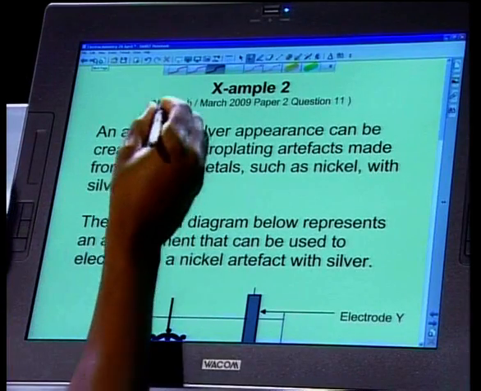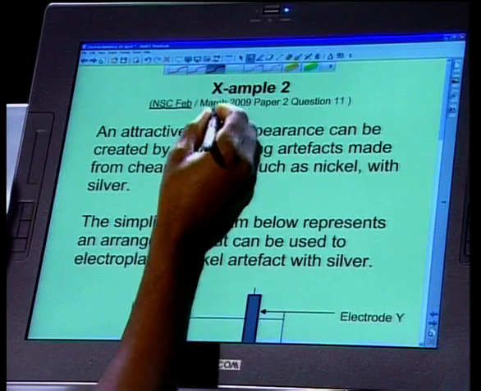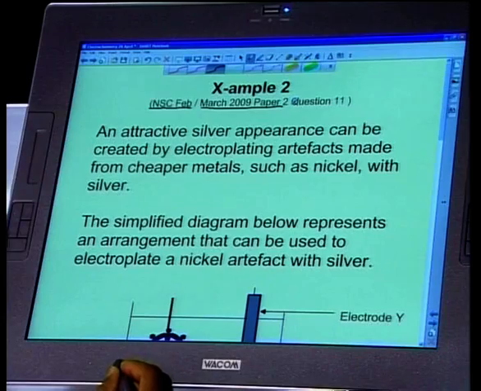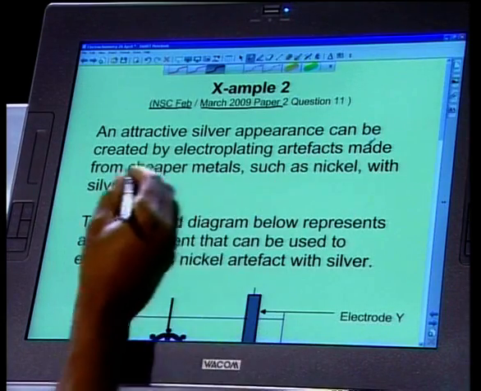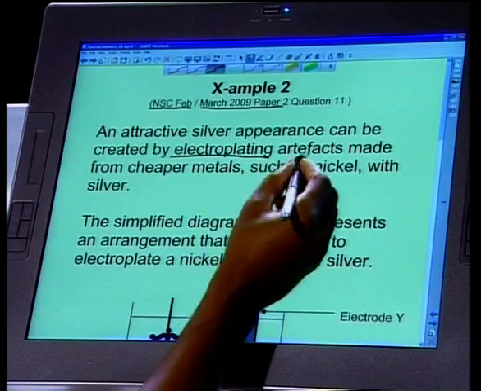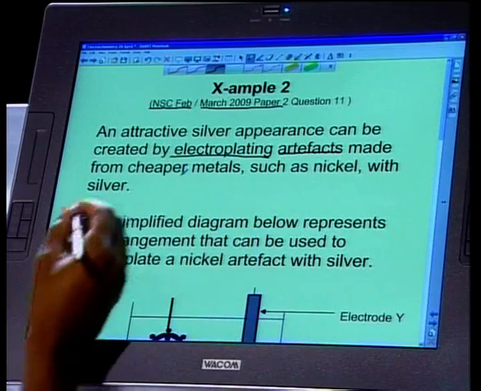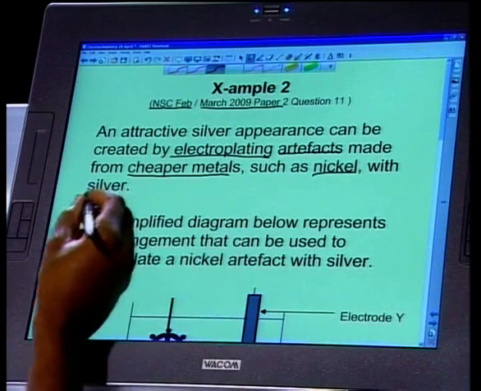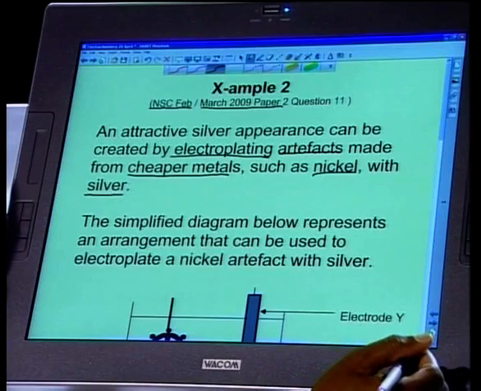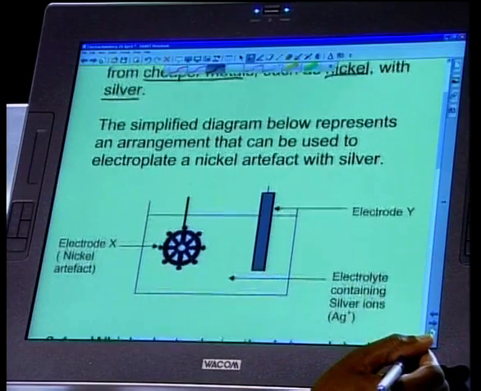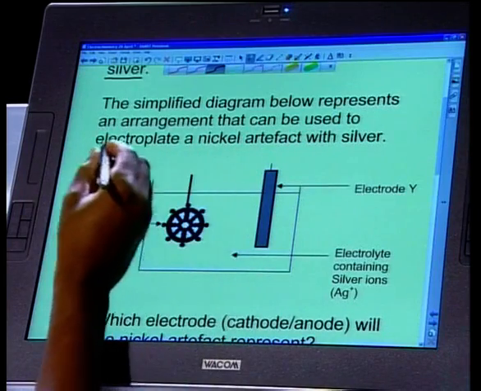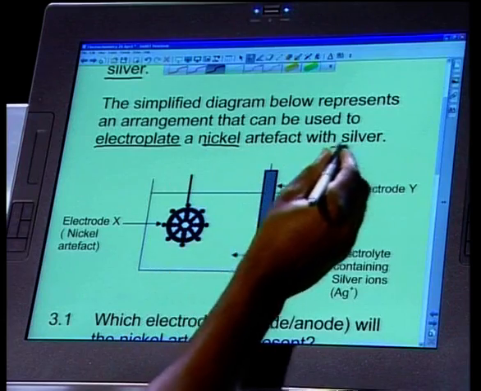Let's quickly go to an example for this. Example 2. This comes from the National Senior Certificate Exam, March 2009, paper 2. An attractive silver appearance can be created by electroplating artifacts made from cheaper metals such as nickel with silver. The simplified diagram below represents an arrangement that can be used to electroplate nickel with silver.